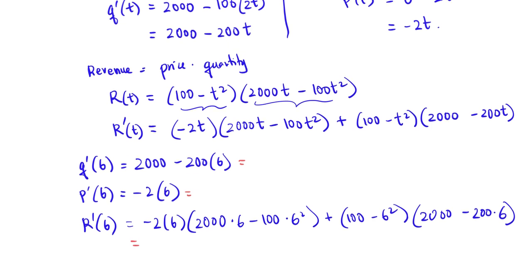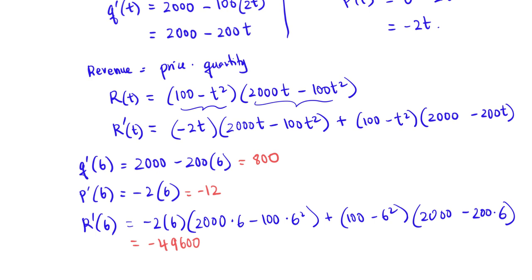For the rate of change of the monthly sales, we obtained 800. For the rate of change of the price, we have negative 12. And for the rate of change of the revenue, we have negative 49,600.